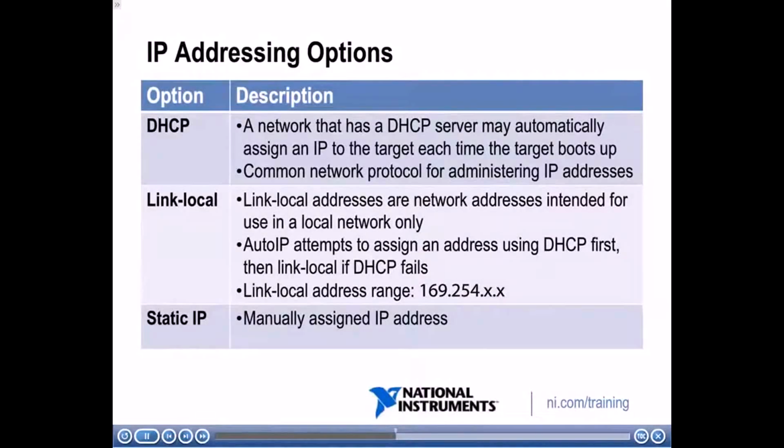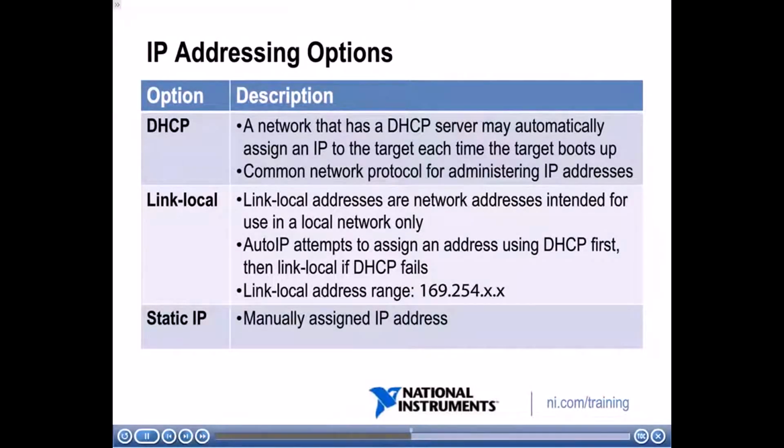In this slide, we see a couple different options for IP addressing. Let's talk about the first one, DHCP. If you have a network and it has a DHCP server, each time you connect a device to that network, the DHCP server will automatically assign an IP to each device that connects.